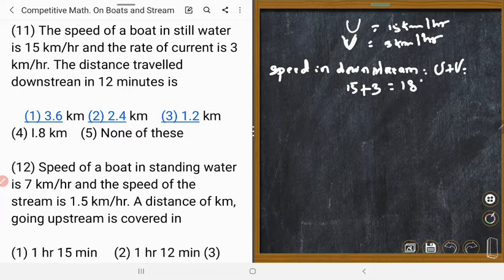Kilometer per hour. So distance is asked.